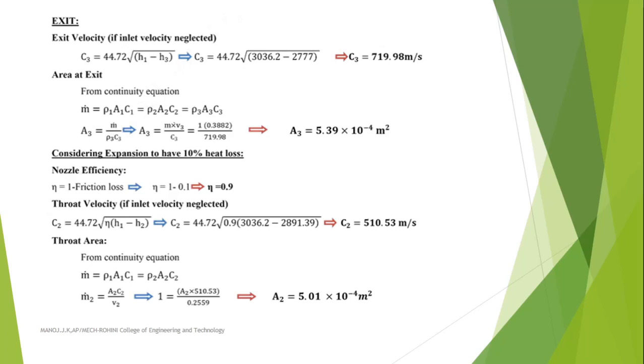Okay, look at the formula: root of 2000 is 44.72, root of efficiency into H1 minus H2. Efficiency here is 0.9. By substituting all the values, you will get the value of C2. Now, I am going to compare with and without the friction. When considering the friction loss of 10%, the value of C2 is 510.53.